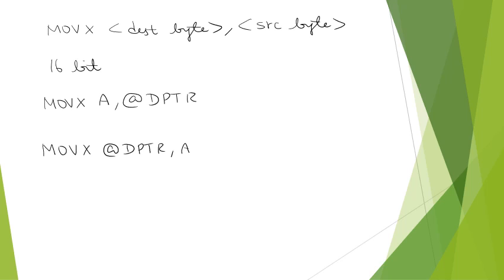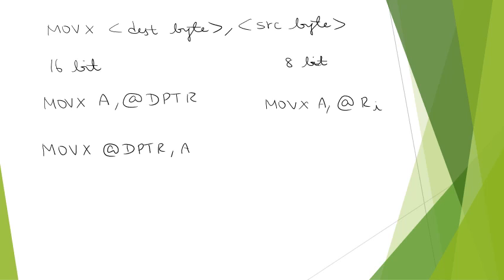When the external memory address is 8-bit, we have the registers R0 and R1 to hold that address. So we have the instruction MOVX A, @Ri, where i is 0 or 1.